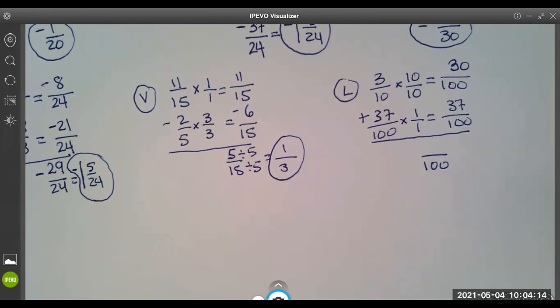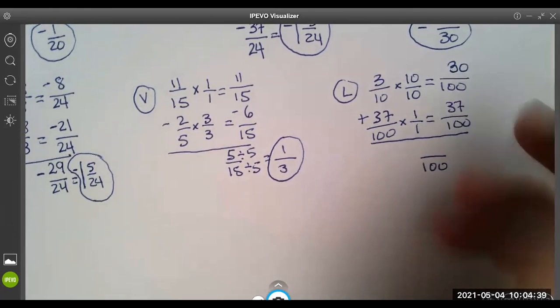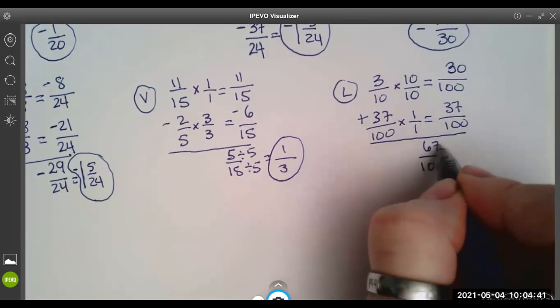What do we do? Add and keep. No, not the sign of the bigger, Moses. That's only when they're not the same sign. Keep the sign they have. So remember, when they're both the same sign, keep the sign they have. If they're different signs, sign of the bigger. All right? So keep the sign they have. So 30 plus 37, 67.